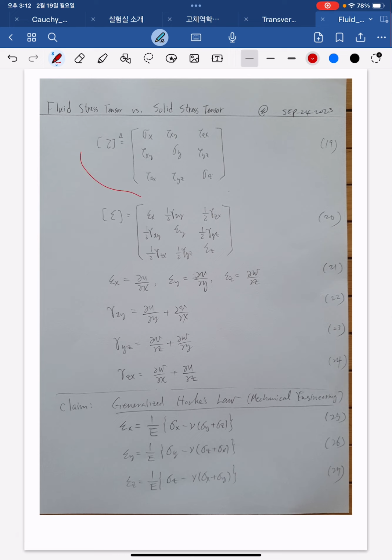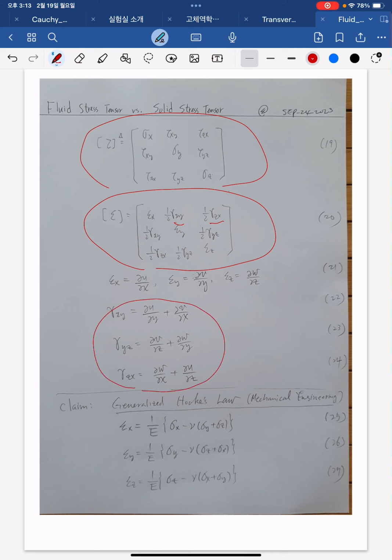Then the solid stress tensor looks like this, where the normal stresses are denoted by sigma x, sigma y, sigma z. The strain tensor is given by the normal strains epsilon x, epsilon y, epsilon z, and shear strain. The shear strain is defined by these equations.